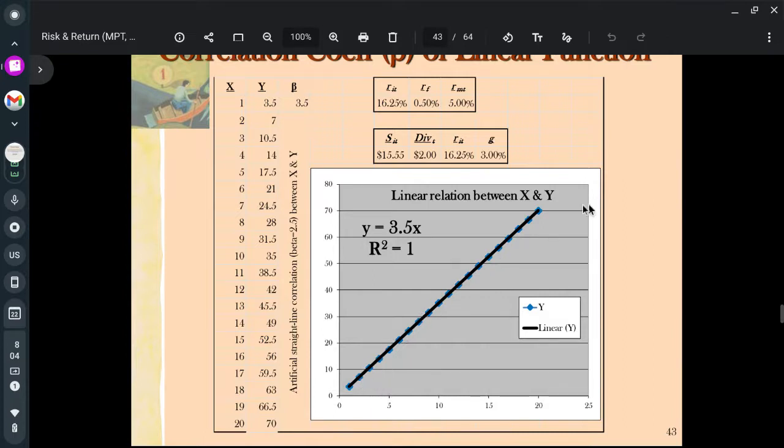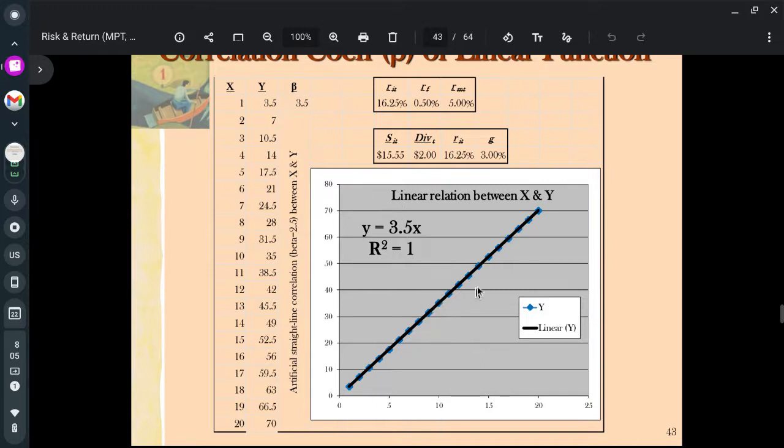And all those coordinates, all those plots, will fall neatly on a straight line. Why? Because this example was artificial. In other words, you already determined the beta value, and X will automatically generate Y according to this beta, which is the correlation between the two.